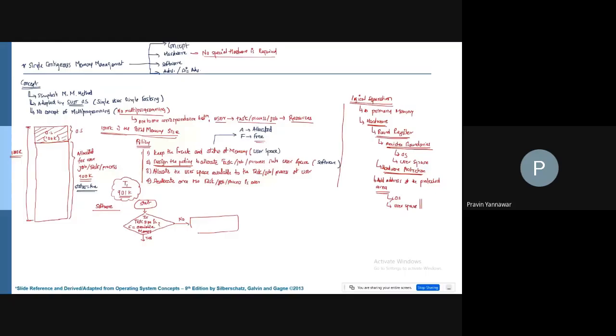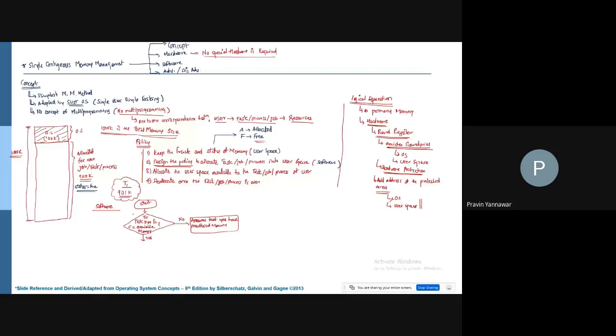What if it is no? What if it is yes? If it is no, simple case, you have to just announce that you have insufficient memory, because the task size is greater than size available.